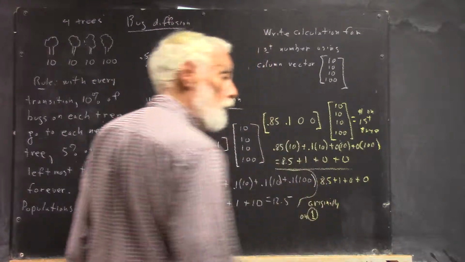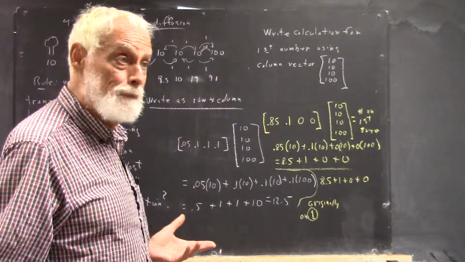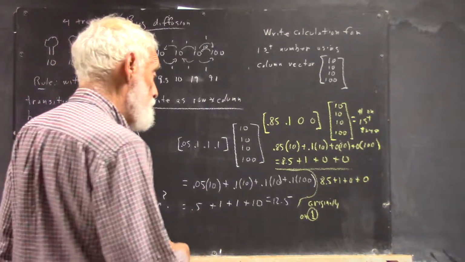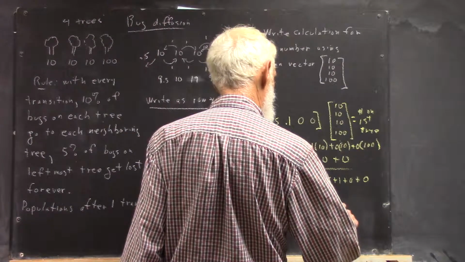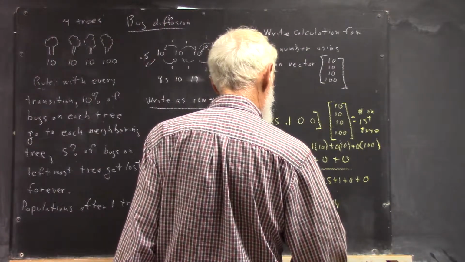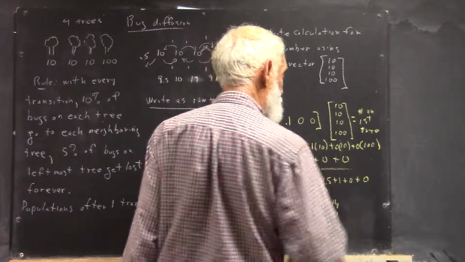I'll use a circled 1 to indicate tree 1. Is that okay? And those bugs are still there.